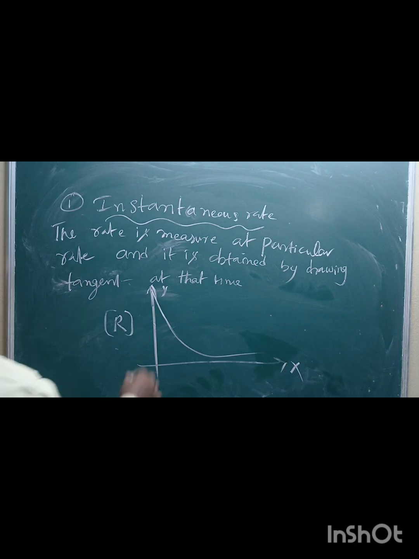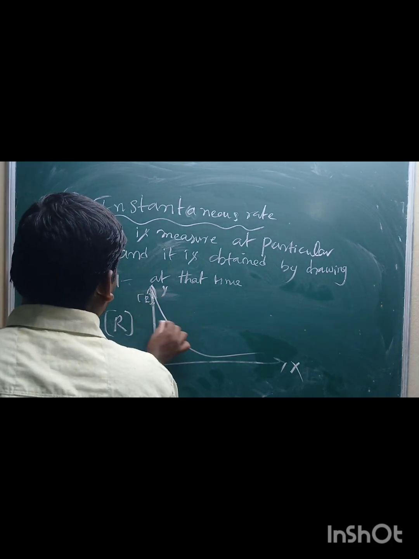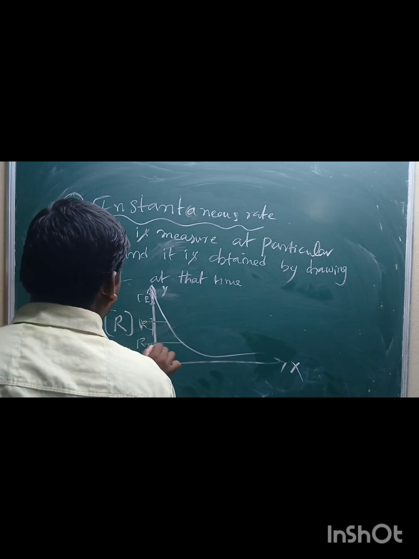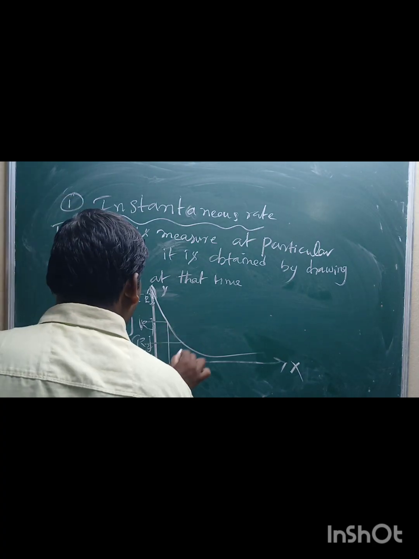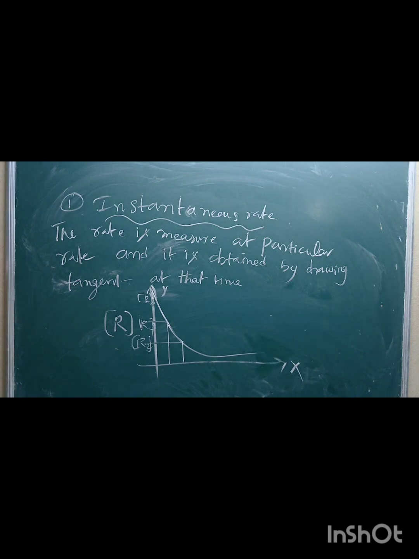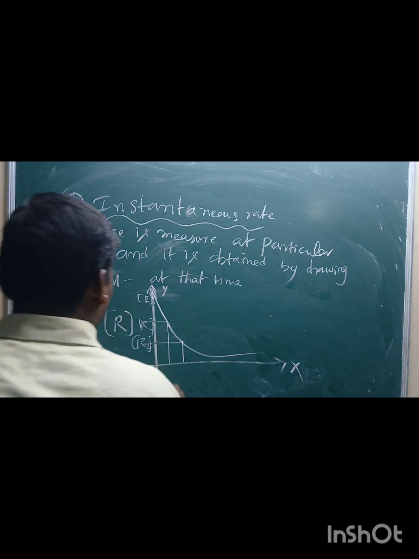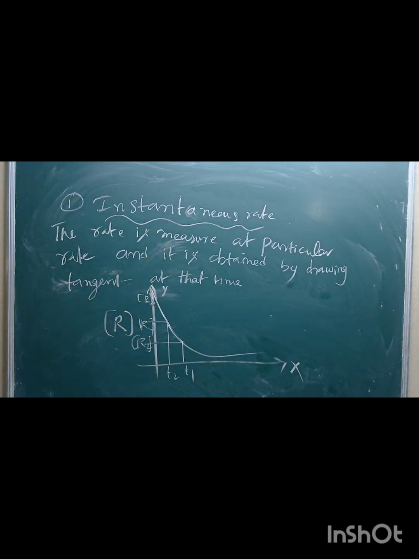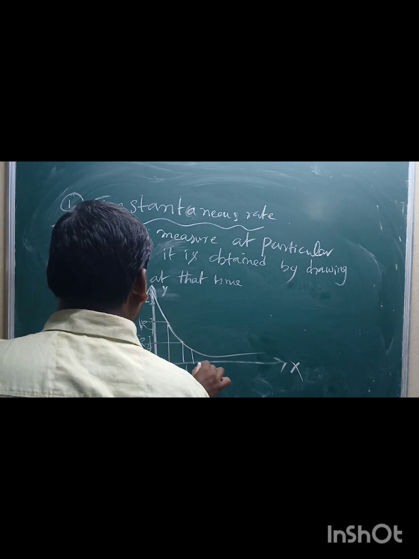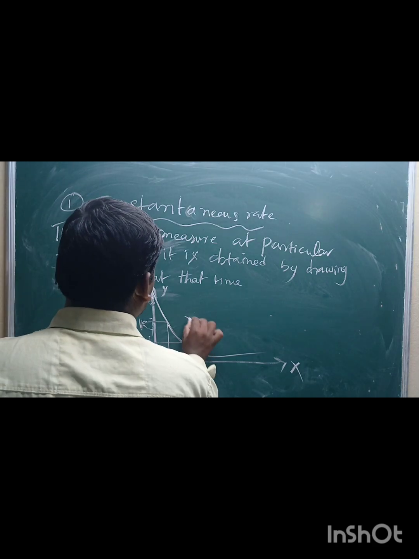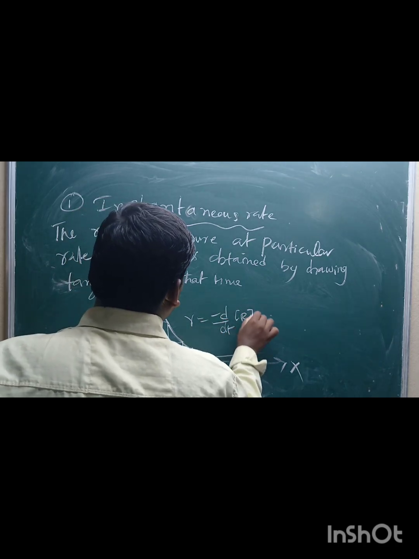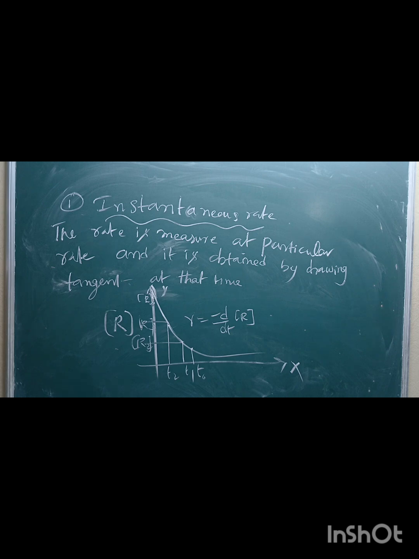Here this is concentration R0, here concentration R1, concentration R2, at particular instants T0, T1, T2. The rate is minus d by dt of concentration of R. This is the graph for instantaneous rate.